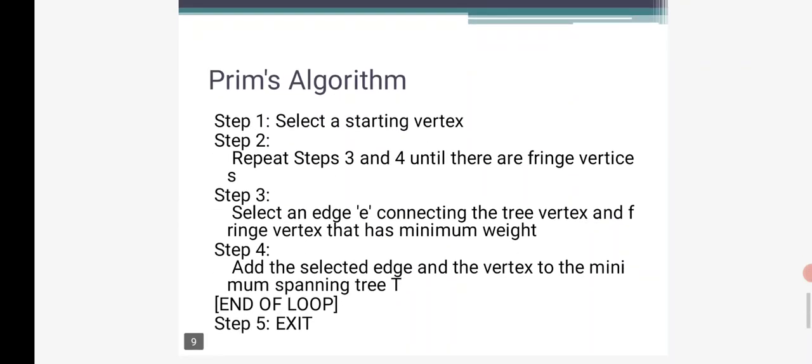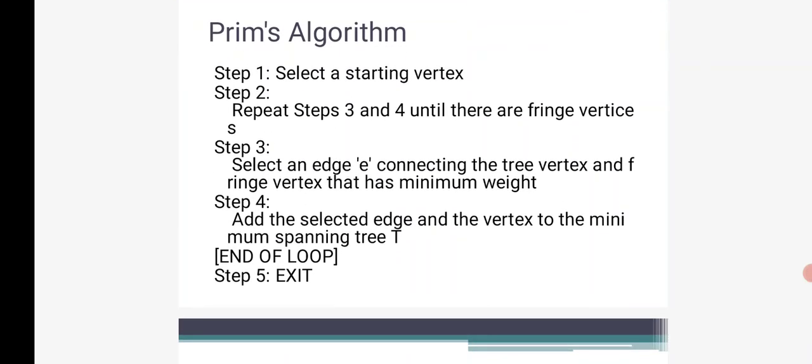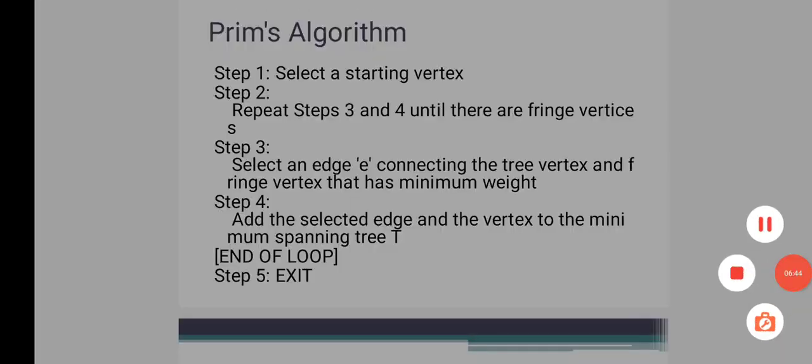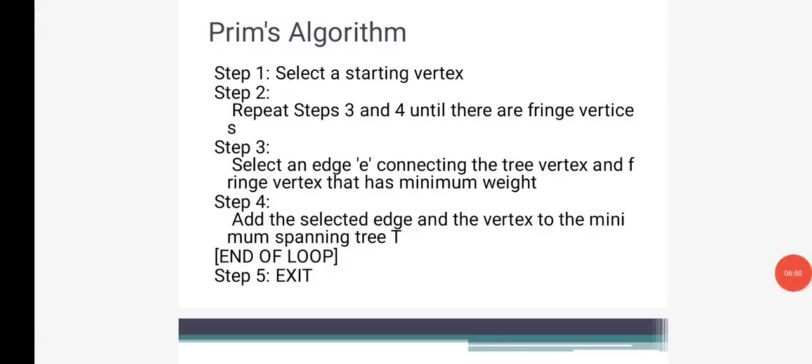Now let us see Prim's algorithm stepwise. Step 1, select a starting vertex, which can be any vertex. Step 2, repeat steps 3 and 4 while there are fringe vertices. Step 3, select the edge connecting a tree vertex and a fringe vertex that has the minimum weight.